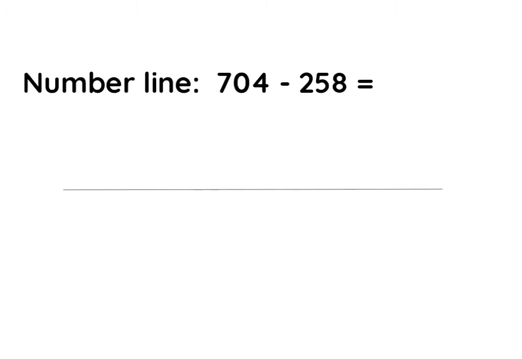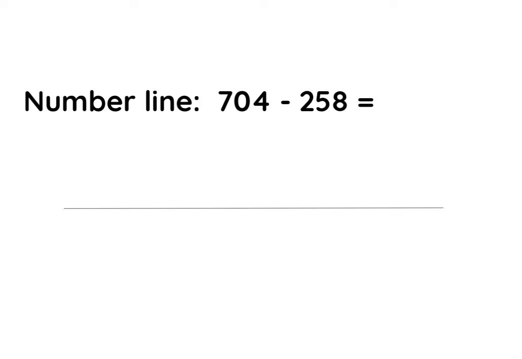704 minus 258. Now, before we get started, we know that we're going to have a 258 here. As we go to the right, we get bigger, so we're going to have 704. Now, what do you think the answer will be?